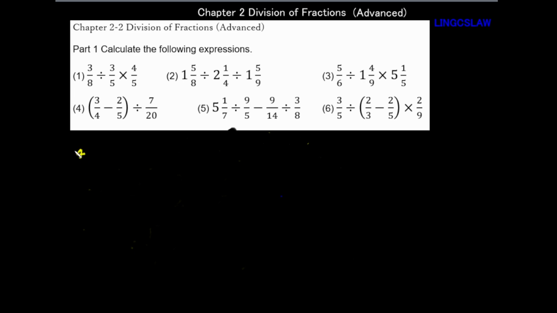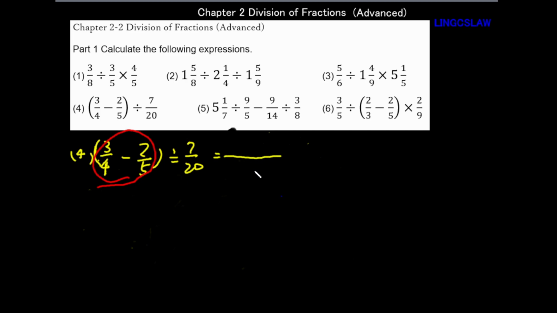Number 4, 3 over 4 minus 2 over 5, in the parenthesis, divided by 7 over 20 equals. First let's do the calculation of this part. We need to make the denominator the same.